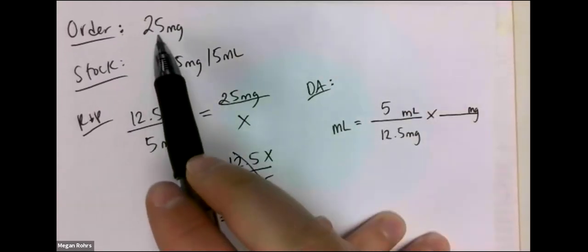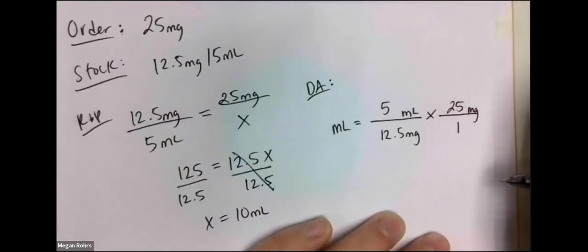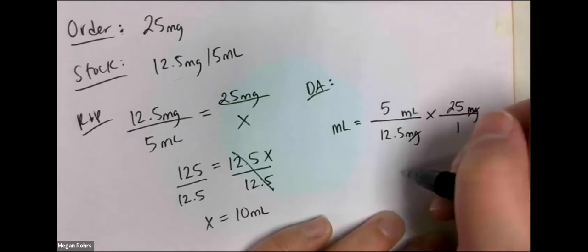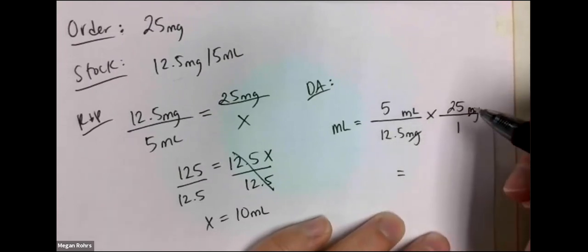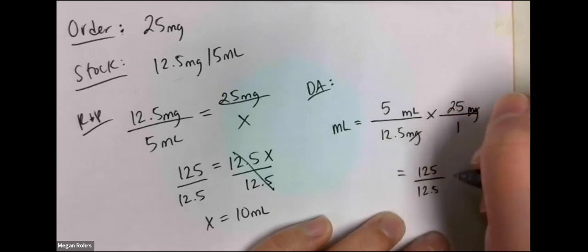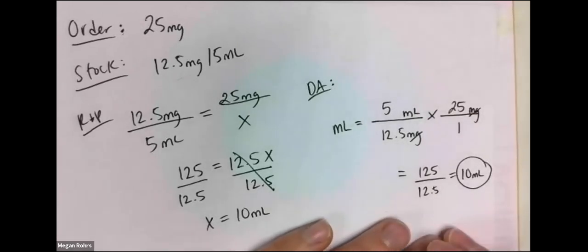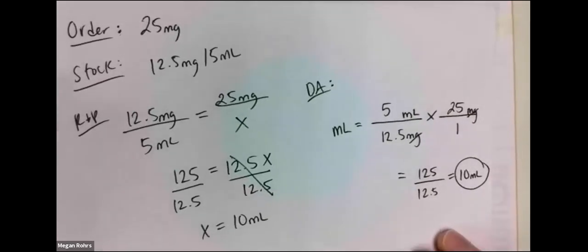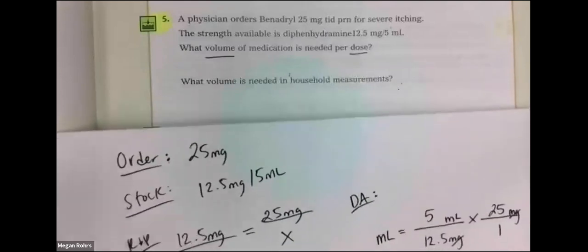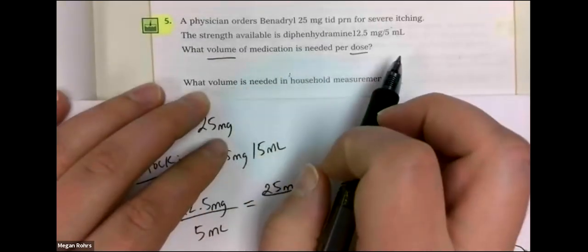All that I have left is my order of 25, which is by itself. Milligrams cancel. Once again, 5 times 25 is 125 divided by 12.5 still gives me 10 milliliters. So my volume per dose would be 10 mils.